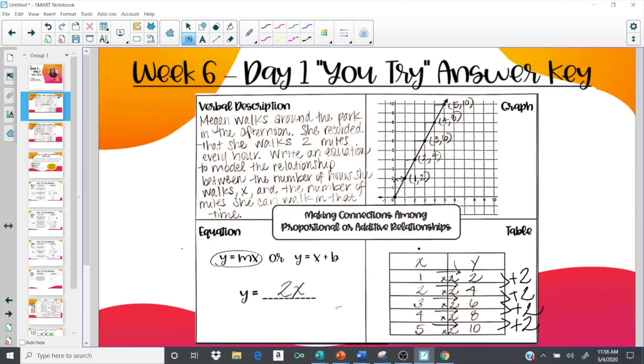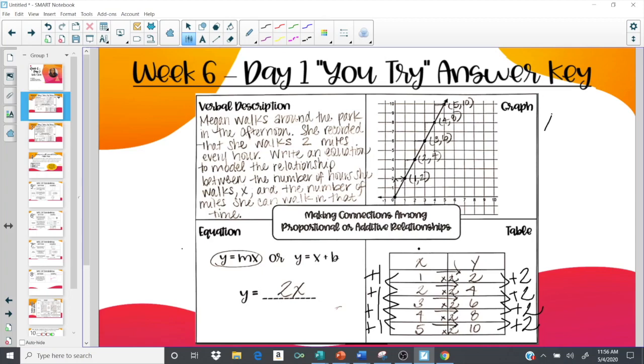Now to find the change in x, you would do the same thing with your x values. How can you go from 1 to 2? You would add 1. 2 to 3, add 1. 3 to 4, add 1. And 4 to 5, add 1.